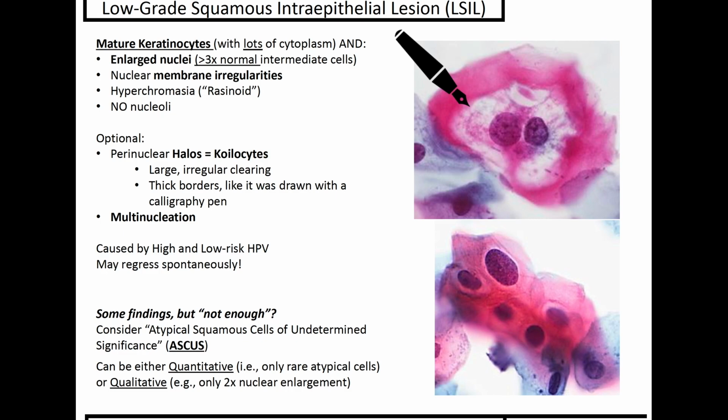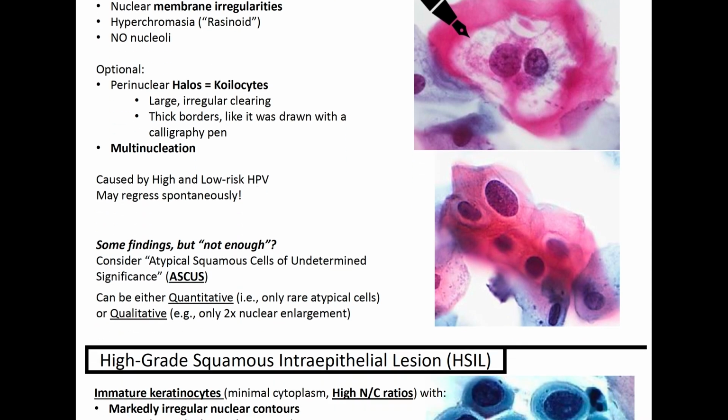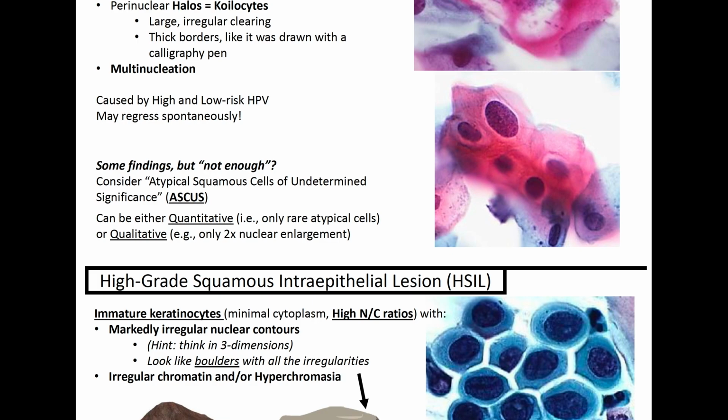So you're assessing the number of cells that you're seeing and also the quality of each nucleus. And for ASCUS, the nucleus is going to be 2.5 to 3 times the size of an intermediate cell. But for LSIL, as I mentioned earlier, it's going to be 3 or more times as large as an intermediate cell nucleus.